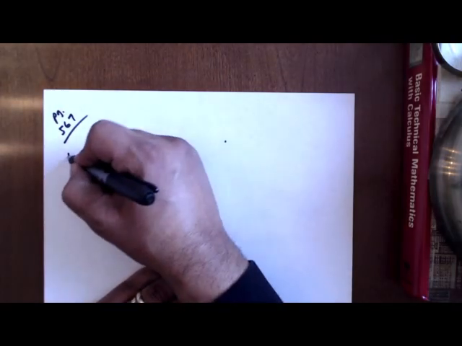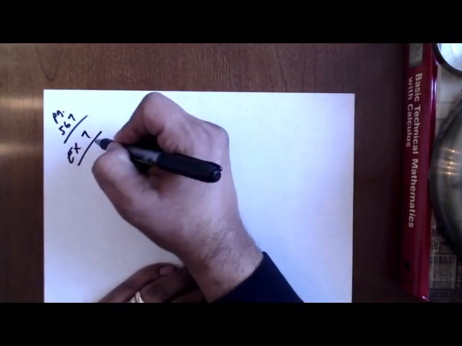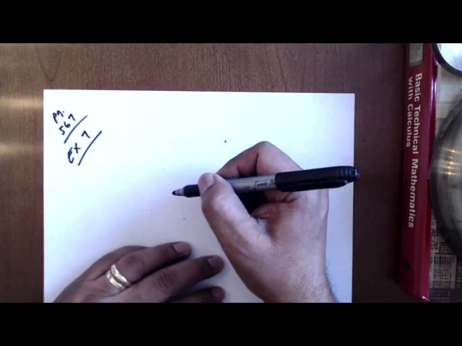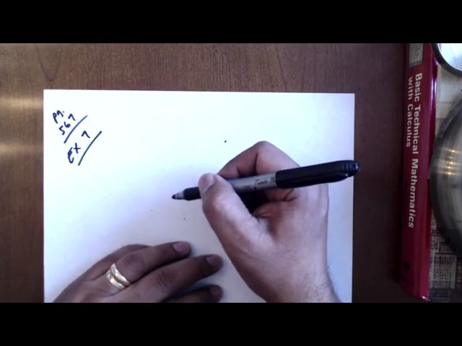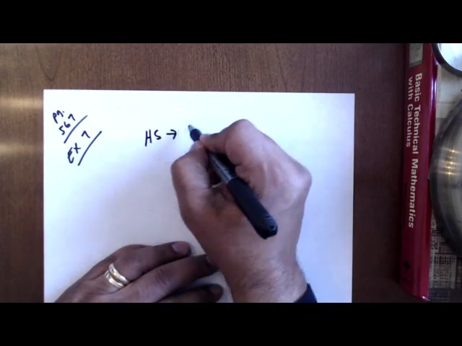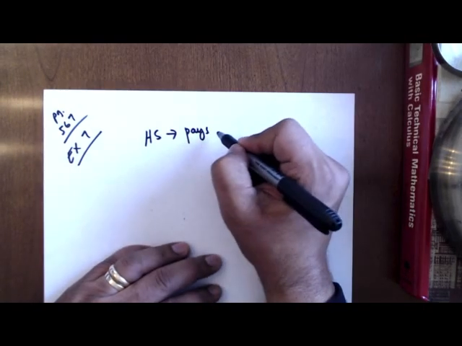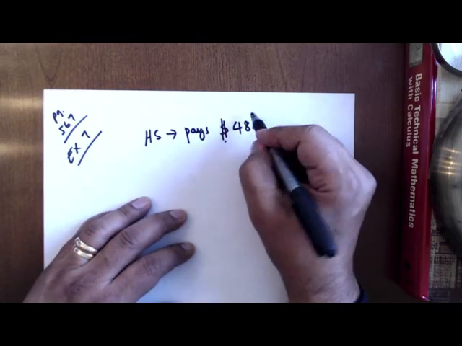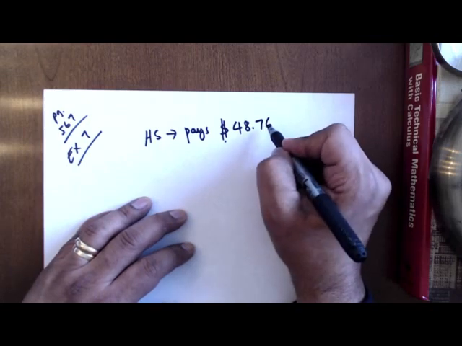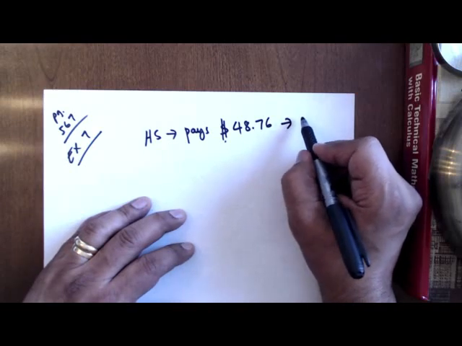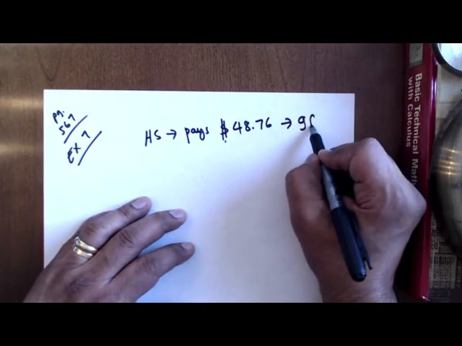Example number 7, determining percent markup. It tells you in the problem that there is this hardware store that pays $48.76 for some glass fireplace screens.